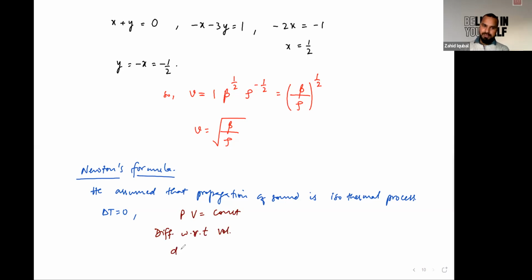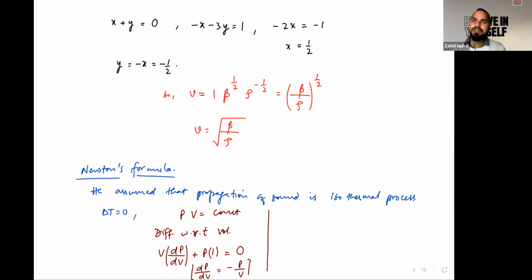Differentiation of first part multiplied by second one plus differentiation of second part multiplied by first one, and right hand side we have constant, so its differentiation will be 0. So dP by dV will be minus of P by V from this part.